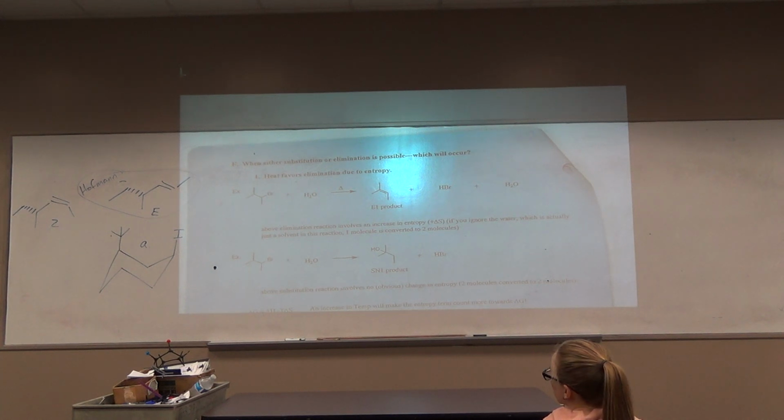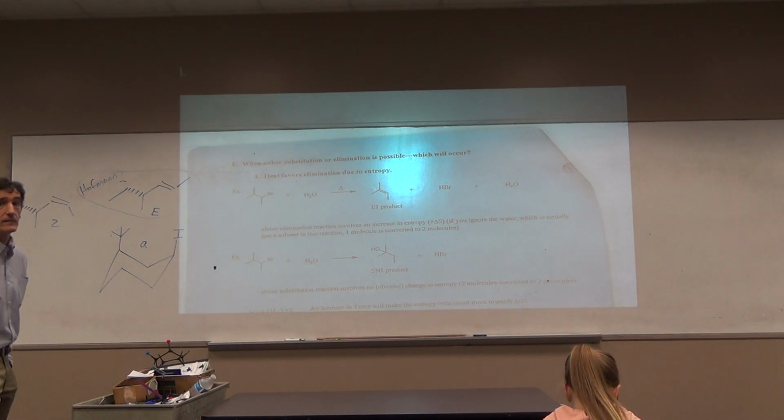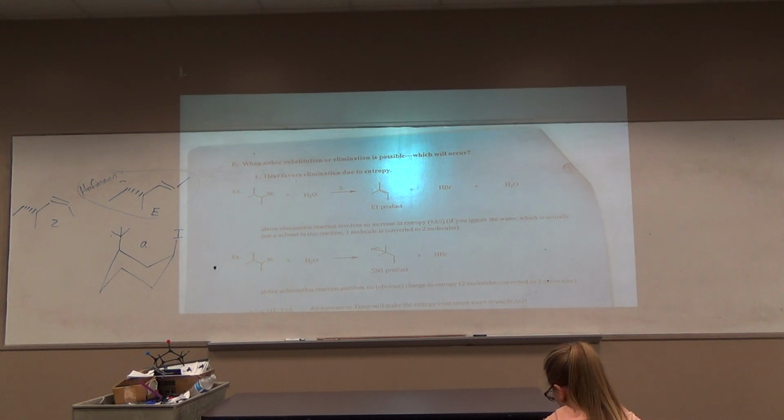Why did it double eliminate? Why didn't it do a double substitution? Why didn't the hydroxide just kick off the bromine and do a substitution? Hydroxide is not sterically hindered. I mean, that type of thing we need to start looking at. Some of these miscellaneous things address that.